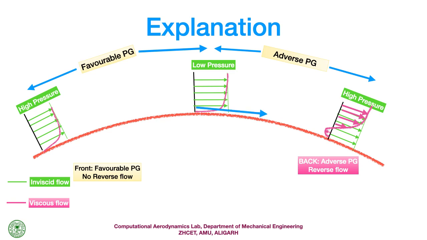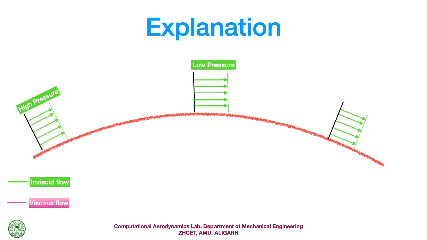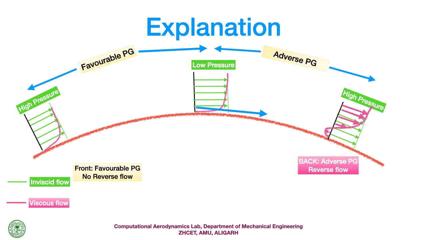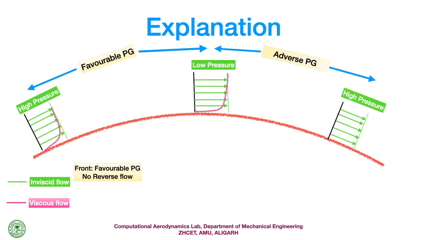Now let us see what happens over here. If I try to see a fluid particle, this fluid particle will try to move from here to here, and if I try to see the fluid particles at the reverse side, the fluid particle will try to go from here to here.